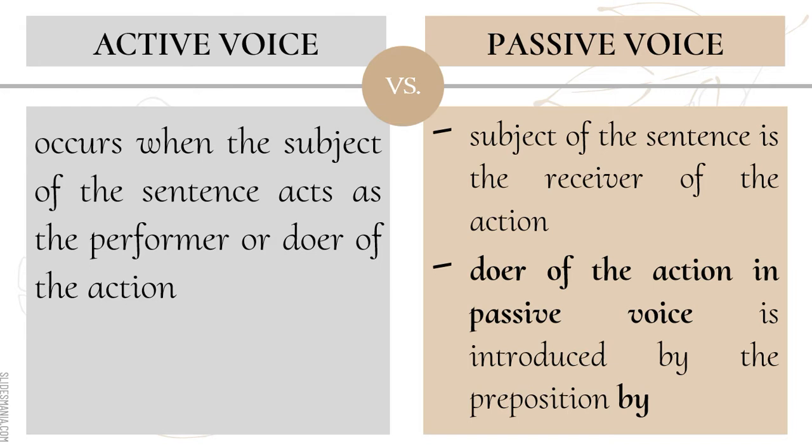However, if the subject of the sentence is the receiver of the action, therefore that is in passive voice. Another characteristic of the passive voice is that the doer of the action is introduced by the preposition by. So let us have an example.